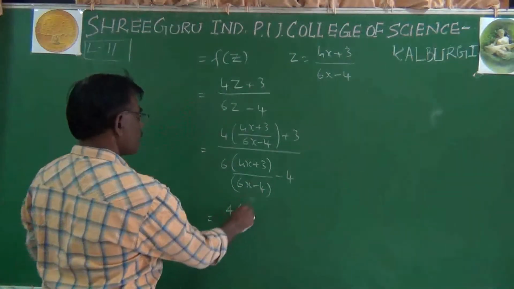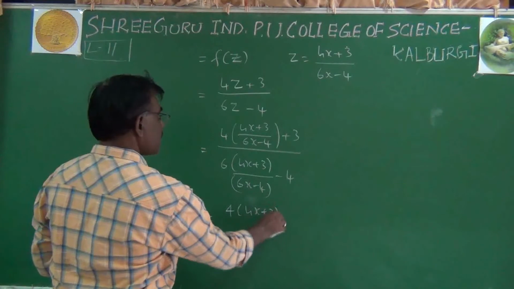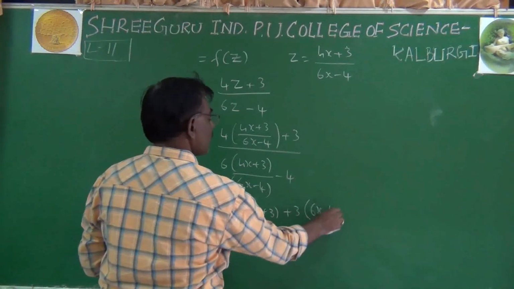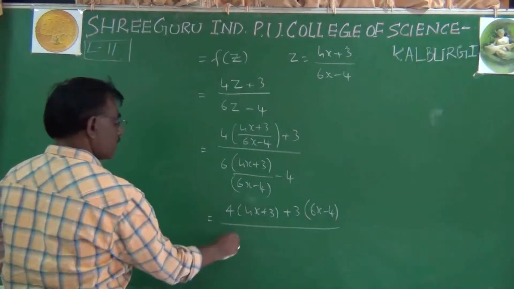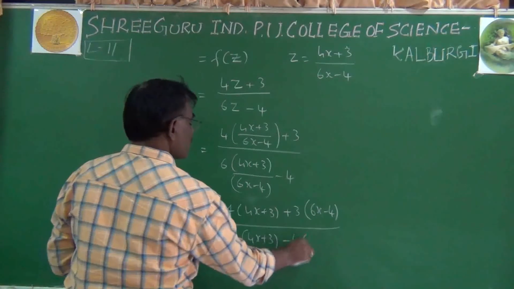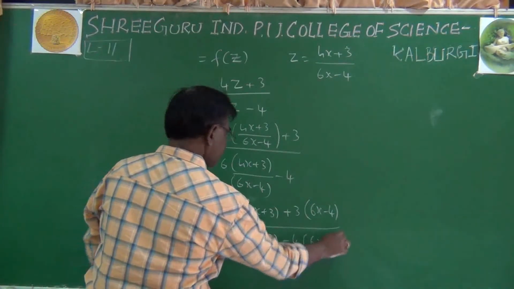We get 4 into (4x plus 3) plus 3 into (6x minus 4), divided by 6 into (4x plus 3) minus 4 into (6x minus 4).